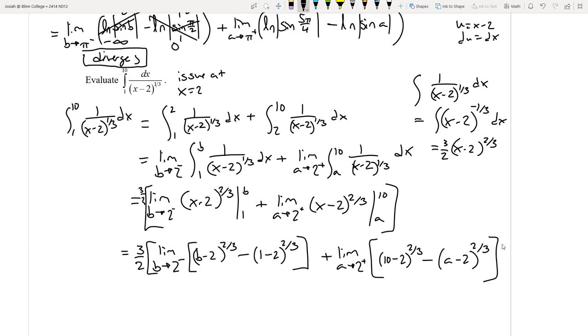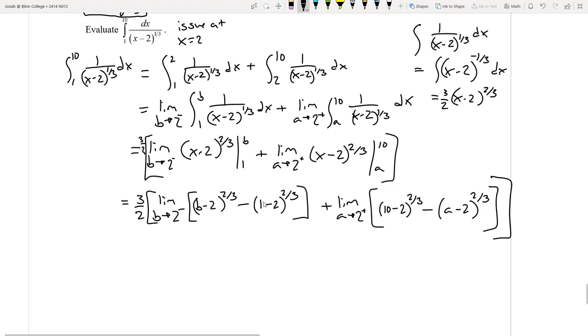Right? As b approaches 2, we can go ahead and plug that in, and we get 0 here. Same thing for this guy, 0 here, as a approaches 2. And so we'll have negative 1. So open up parentheses here, negative 1 to the 2/3 plus 8 to the 2/3.